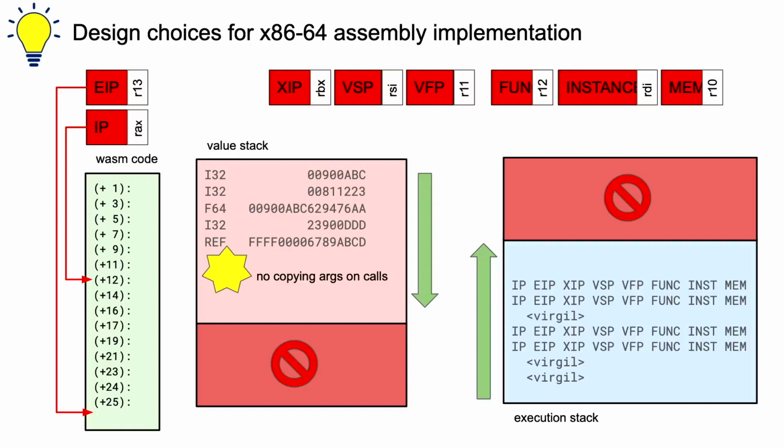Those arguments actually become the locals of the callee function, so they overlap. If I push a bunch of arguments, those are the beginning of the next frame. So if you separate the value stack from the execution stack, you can overlap them, and you don't have to copy in the arguments going out. It's a neat trick. Actually, I beat all the other interpreters on call-heavy benchmarks just because of this.